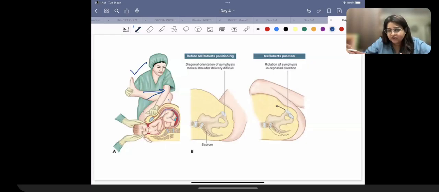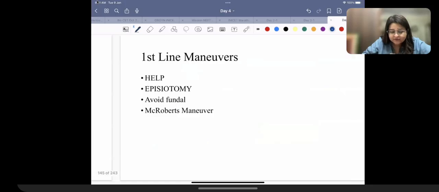Hyperflexion and abduction will correct the shoulder dystocia. How does it do it? By pushing the sacrum behind. This maneuver pushes the sacrum behind and displaces the pubic symphysis forward, and that dislodges the impacted shoulder. Okay, so this is the McRoberts maneuver.